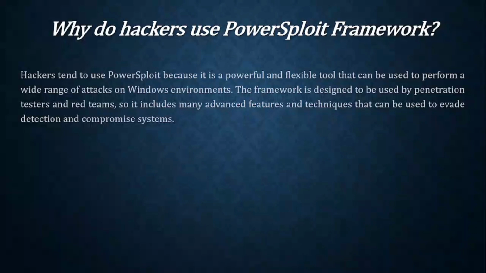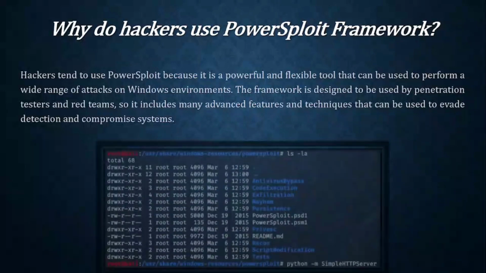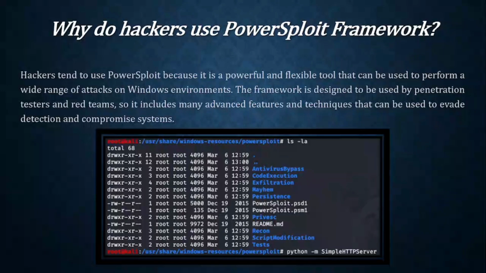Since this tool is used by penetration testers and red teamers, it includes a variety of features, and such techniques can be used to evade detection and compromise systems. As you can see in the diagram, here we have the categories that fall under the PowerSploit framework.